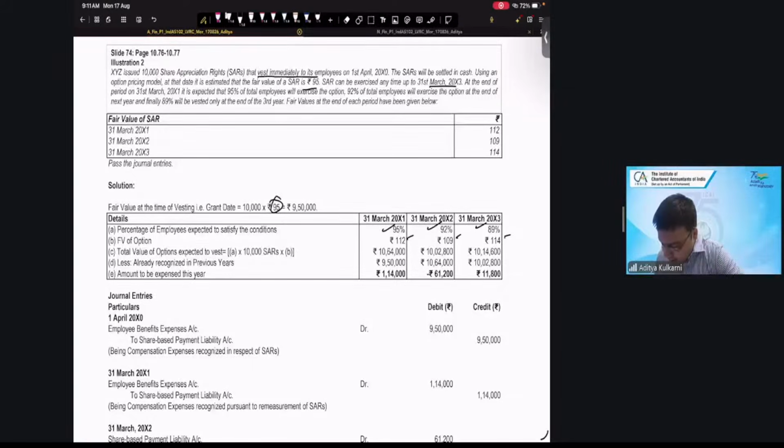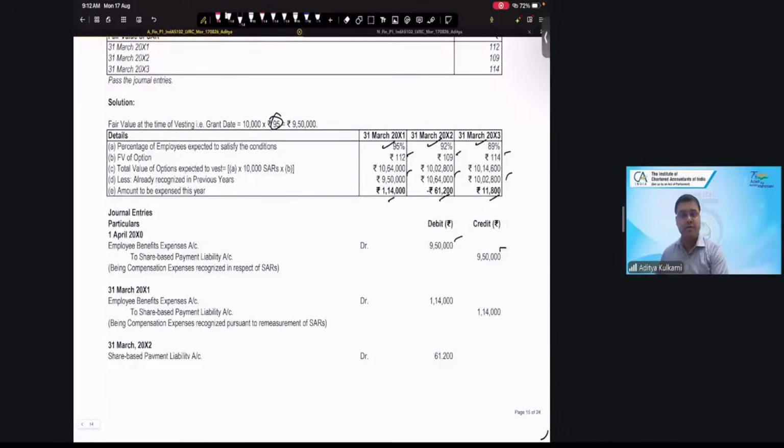Amount already recognized previously, I would have booked 9 lakh 50,000, then 10 lakh 64,000, and 10 lakh 2,800. So 1 lakh 14,000, 61,200 and 11,800 is your net expense. So employee benefit expense 9 lakh 50,000 to SBP liability 9 lakh 50,000.